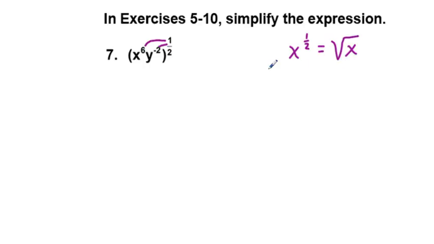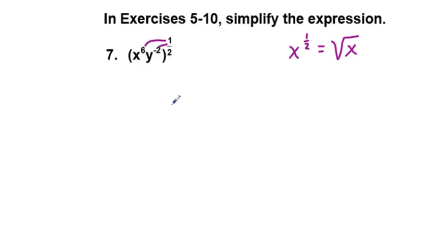So what that tells you is that we can't have anything inside the parentheses here that is less than 0, because we can't take the square root of a negative number. Because we can't multiply two of the same numbers together and have the result be a negative number.